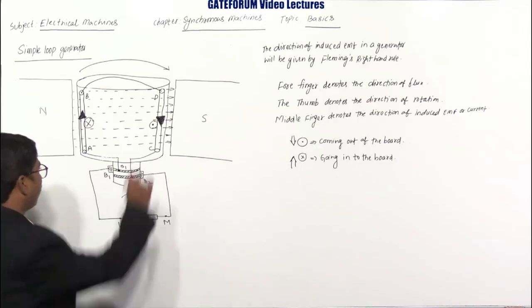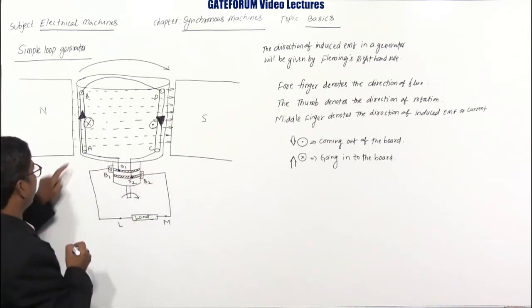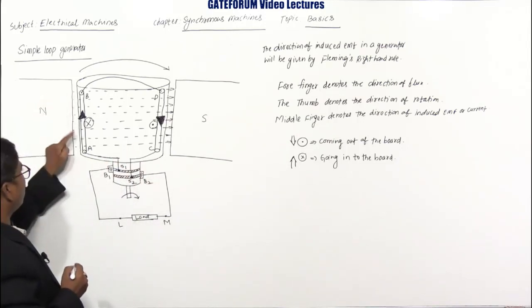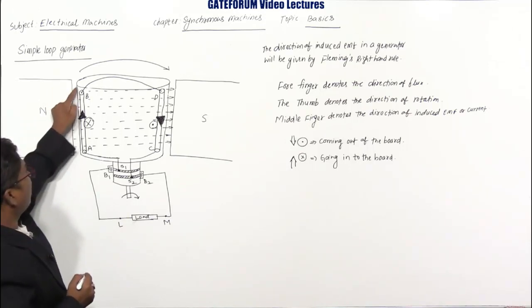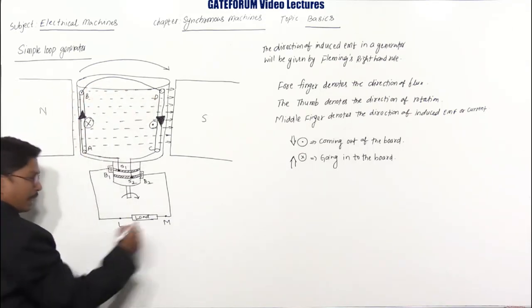So the EMF induced in conductor AB is moving from A to B, right? So the current starts moving from A to B and then B to D. So I am writing the path.